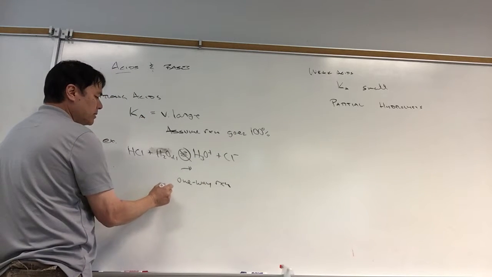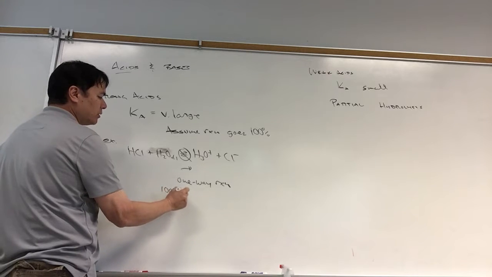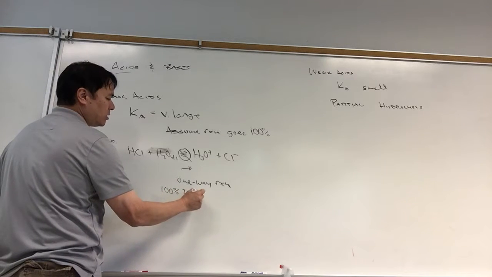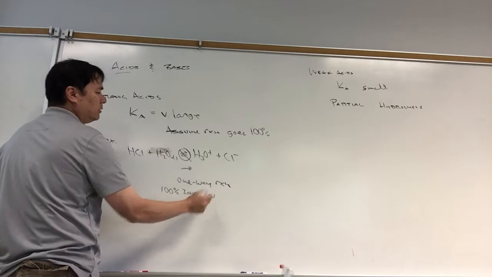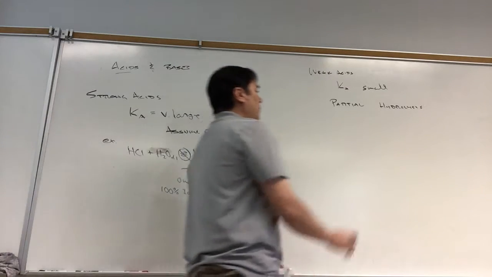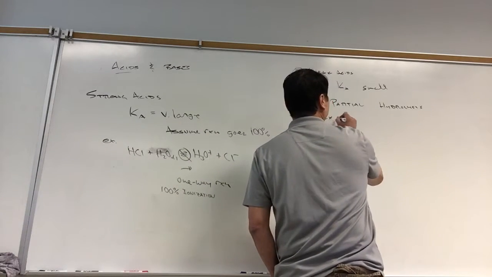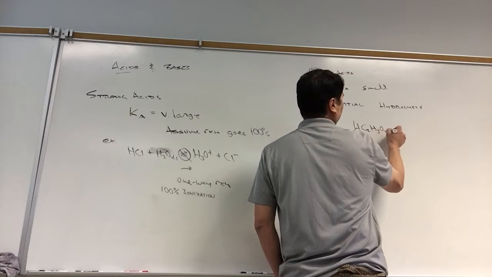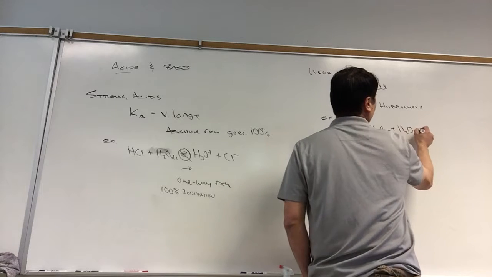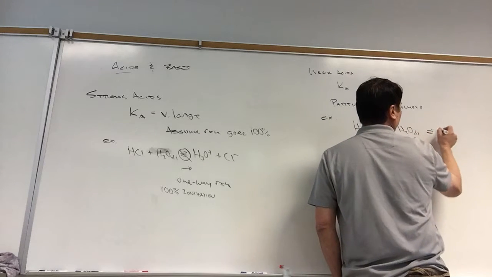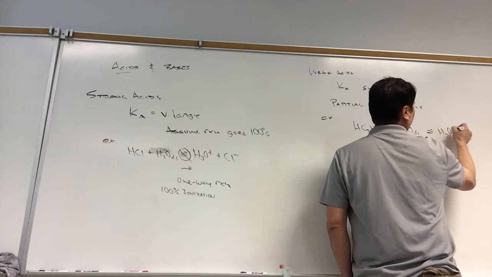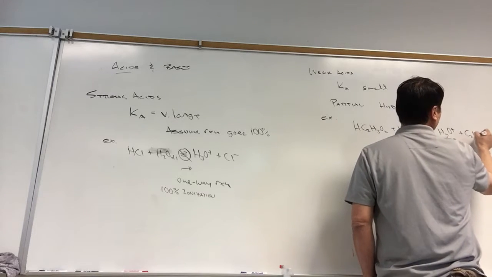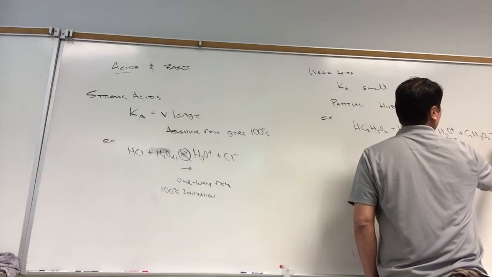And so we would say 100% ionization, though this is a hydrolysis reaction that we're looking at. When we have partial hydrolysis, an example would be acetic acid here, plus H2O liquid. Then we look at the K value for this, and it isn't so big.